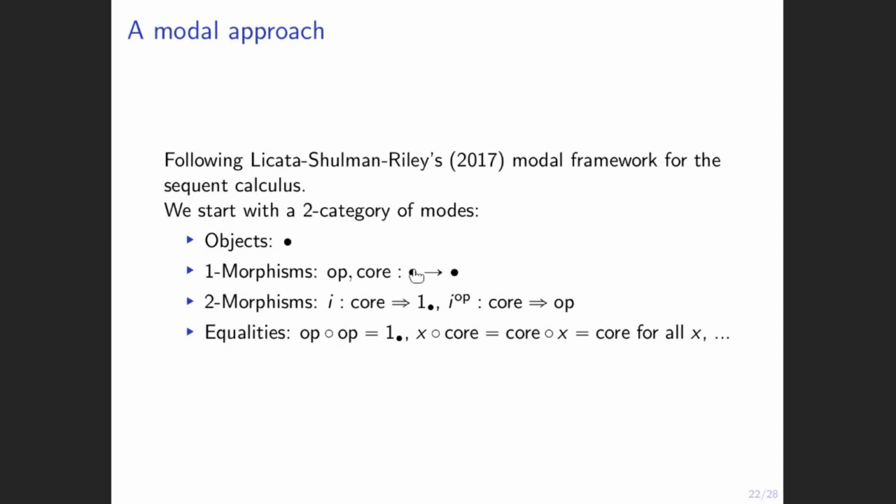Then we have two 2-morphisms, just like we had before, from core into the identity, and an inclusion from core into op. We can also include equalities here; I forget who exactly, but someone suggested them. So we could have op equals 1, and anything composed with core in any order is just core itself, etc.